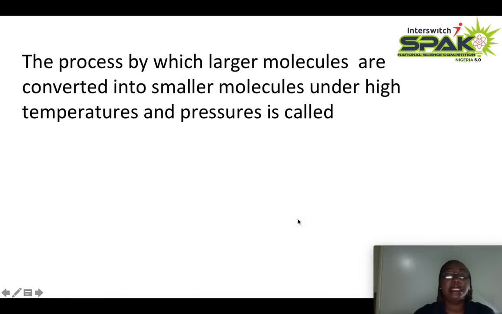The process by which larger molecules are converted into smaller molecules under high temperature and pressure is called, write your answer down, it is subjective, you should be able to get the answer. The answer is cracking.